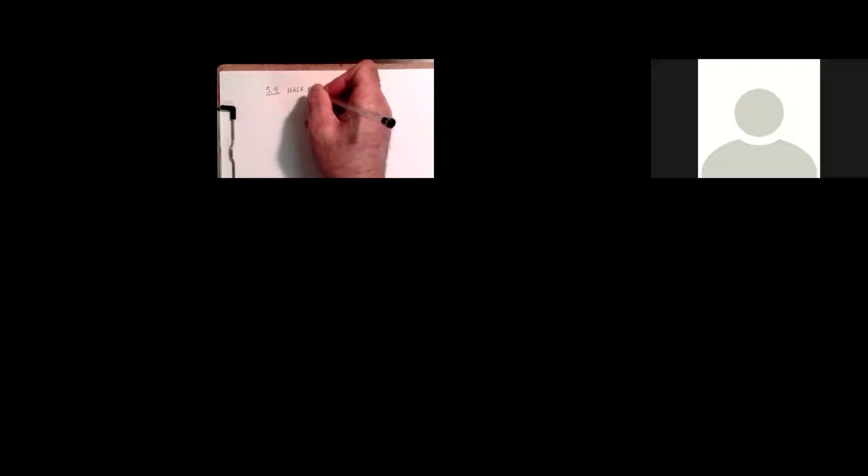All right, so section 5.4 is entitled half angle identities. We have been loading up our toolbox with a whole bunch of identities.